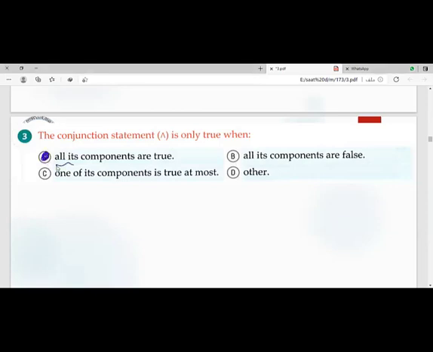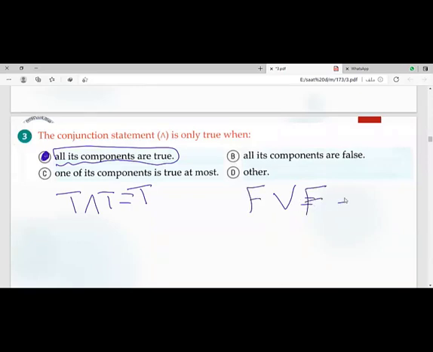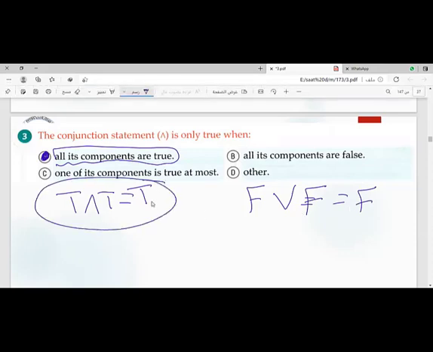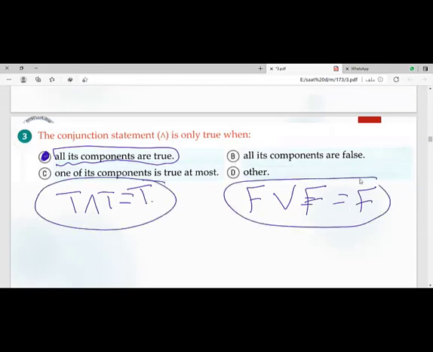All the components or statements must be true. For and, it is only true if both are true. For or, it is only false if both are false. So here only one case is true. In disjunction, only one case is false.